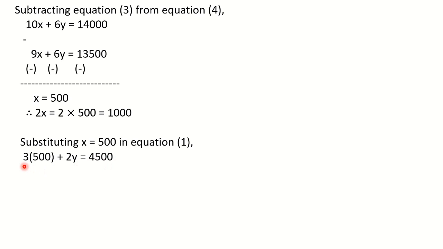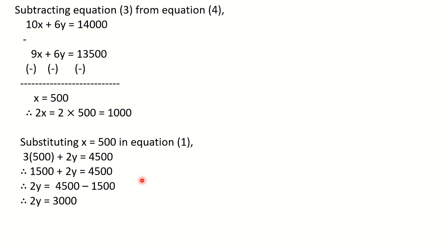Okay, so here 3 into 500 is 1500. So write down that step. The remaining terms are the same as they are. What we got there is 1500 plus 2y is equal to 4500. Now this 1500 you shift to the RHS. So you will get 2y is equal to 3000. Okay, 4500 minus 1500, the answer is 3000. Now I am not finding y because I don't need y. I need 2x and 2y. So I am not finding y. I am stopping here.